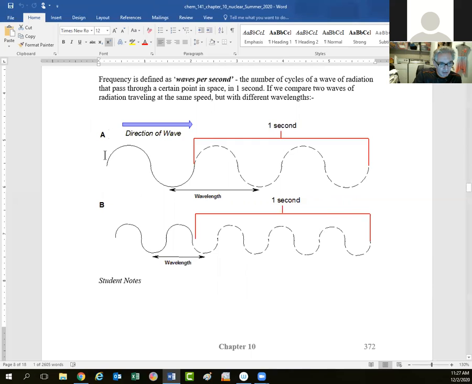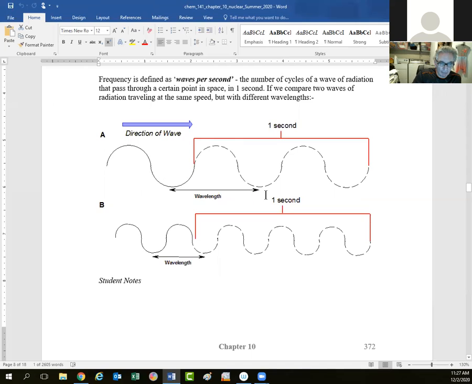So if we look at these two waveforms, this crude diagram here of mine, not much of an artist, I'm afraid. With the first wave, we can measure the wavelength from crest to crest, or from trough to trough, basically from any point in the wave to the exact same point when the next wave begins.